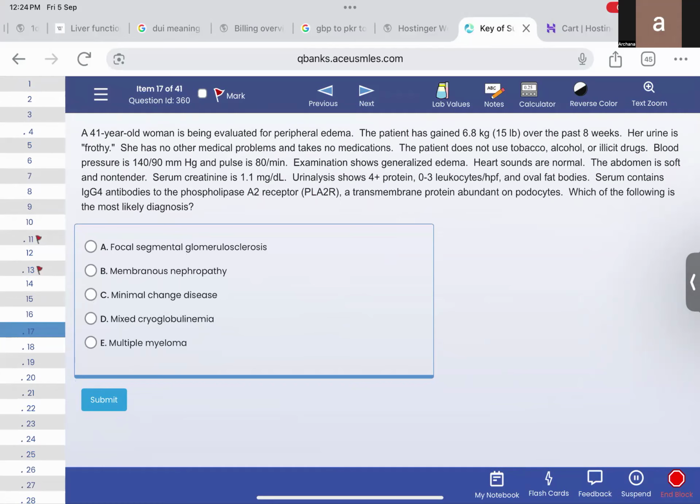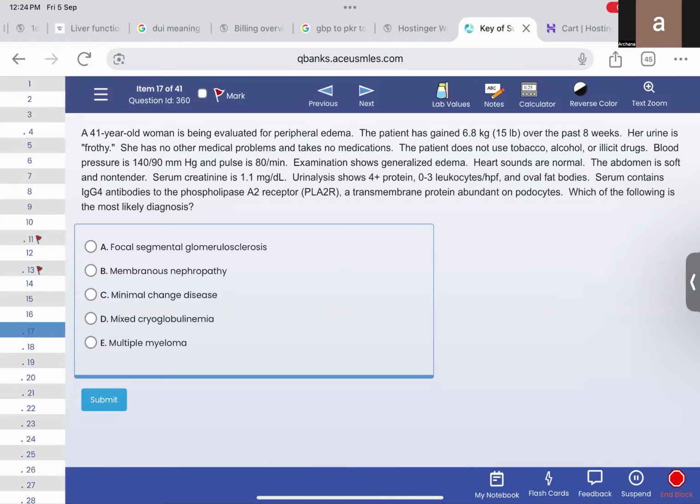A 41-year-old woman is being evaluated for peripheral edema. The patient has gained 6.8 kgs over the past 8 weeks. Her urine is frothy. She has no other medical problems and takes no medications. The patient does not use tobacco, alcohol, or illicit drugs. Blood pressure is 140 over 90 and pulse is 80. Examination shows generalized edema. Heart sounds are normal.